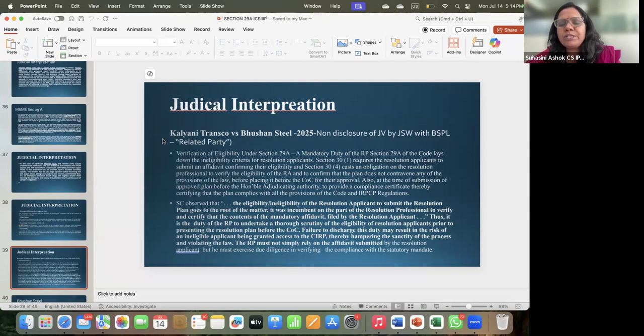Failure to discharge the duty will result in the risk of ineligible applicants gaining access to CIRP, which again loses the sanctity of the process and violates the law. So here they have clearly mentioned that the RP cannot rely on the affidavit submitted. He must exercise due diligence in verifying compliance with the statutory mandates.